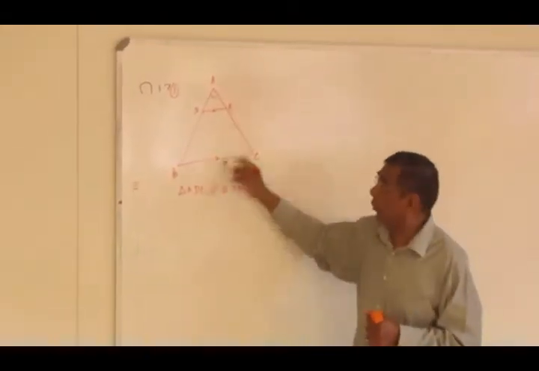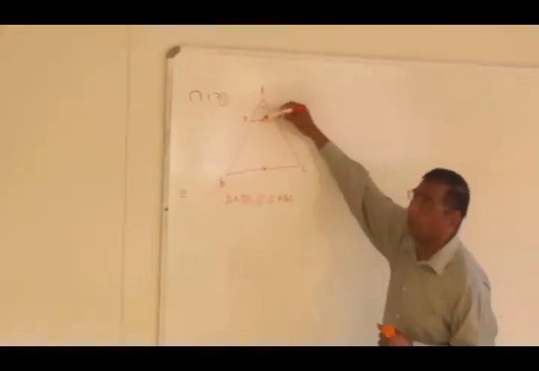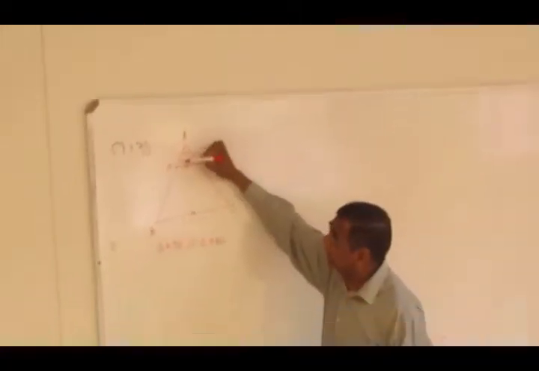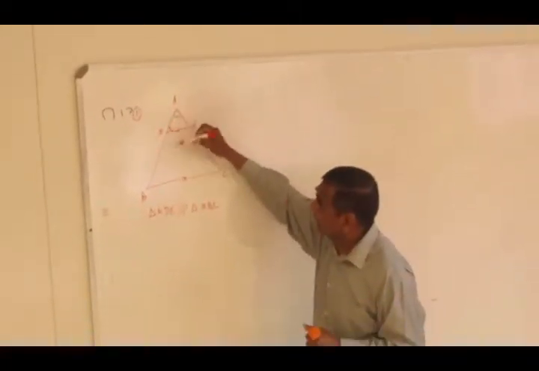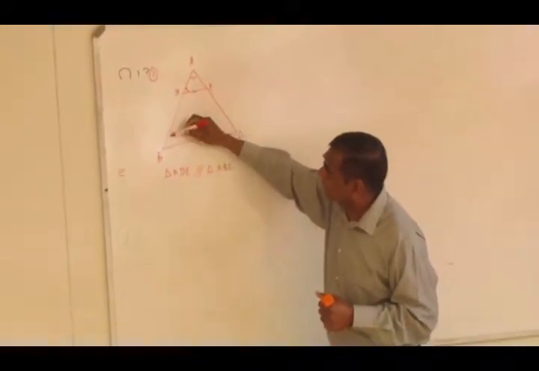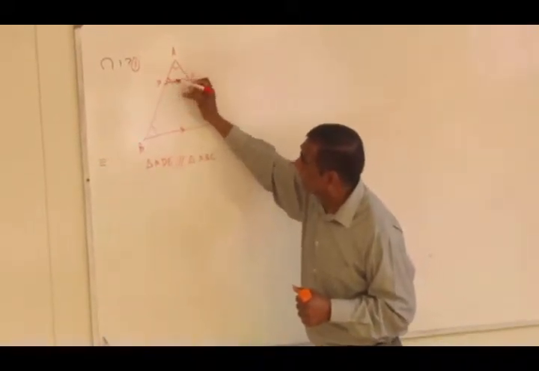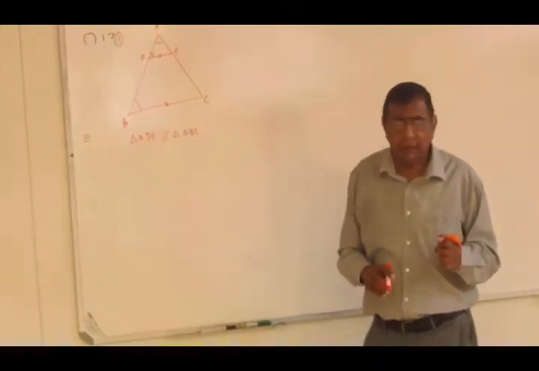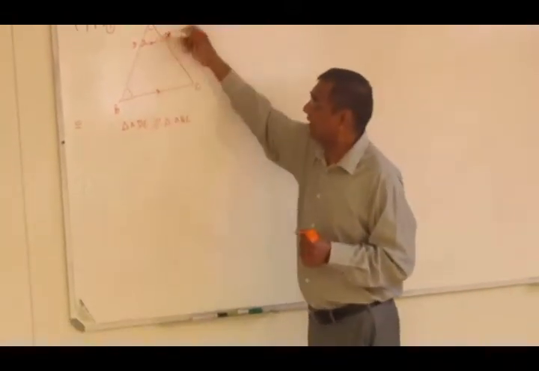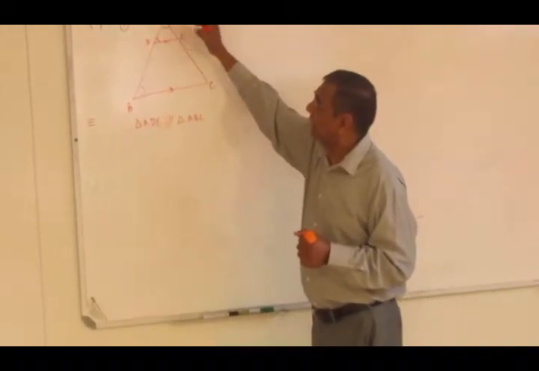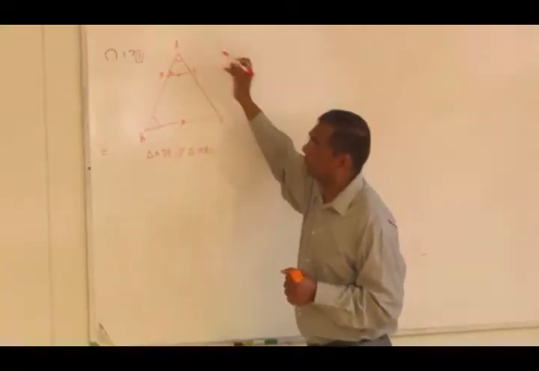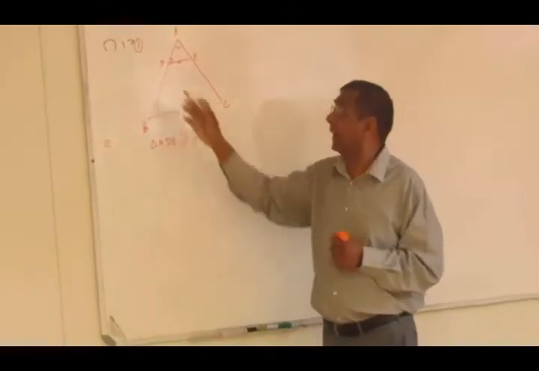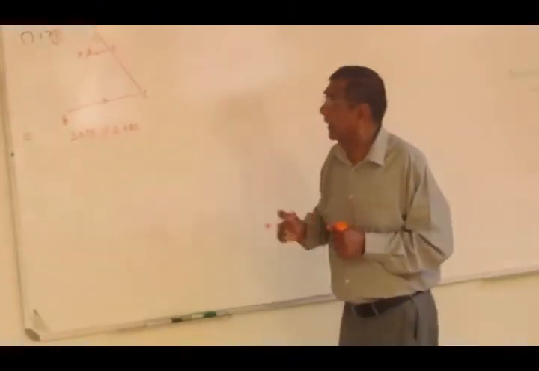And immediately, if you wrote it correctly, now how do you know that the angles are equal? That one's common there. That angle there, D1, is equal to B. Why? Because they are corresponding. And so if you have to write the reasons, you will say A is common, D1 is equal to B because they are corresponding angles, and DE is parallel to BC.